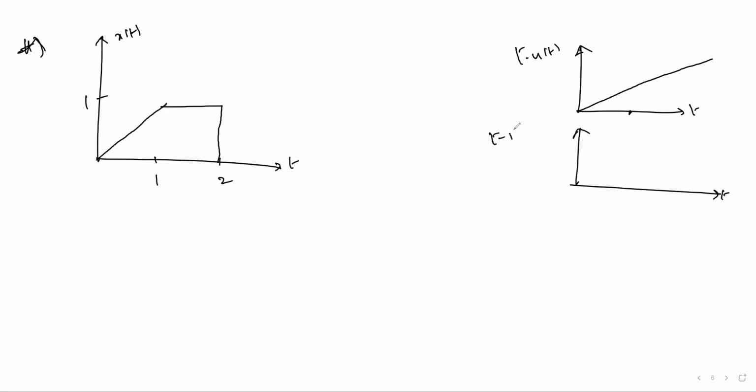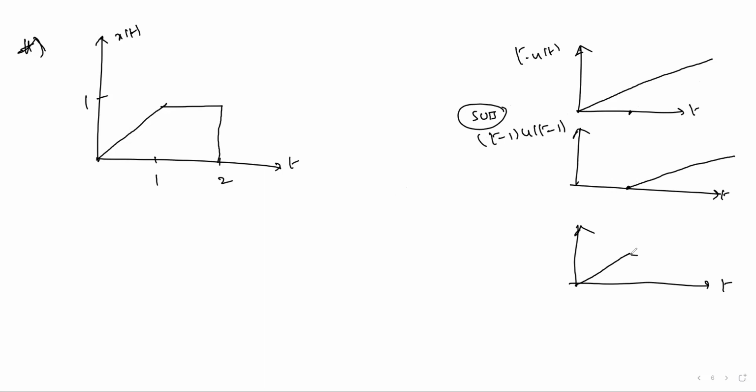So t minus 1 u of t minus 1. This signal shifted. Now I am subtracting these two signals. Then what I will get? This signal.